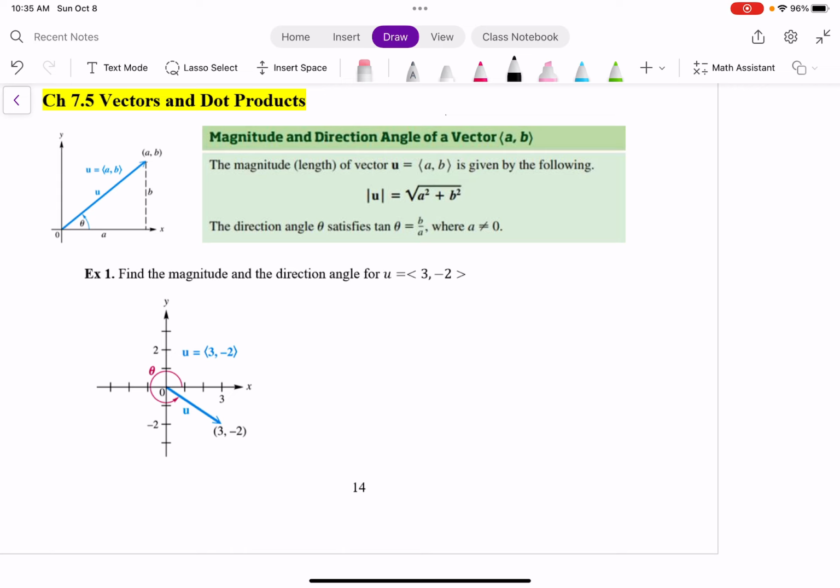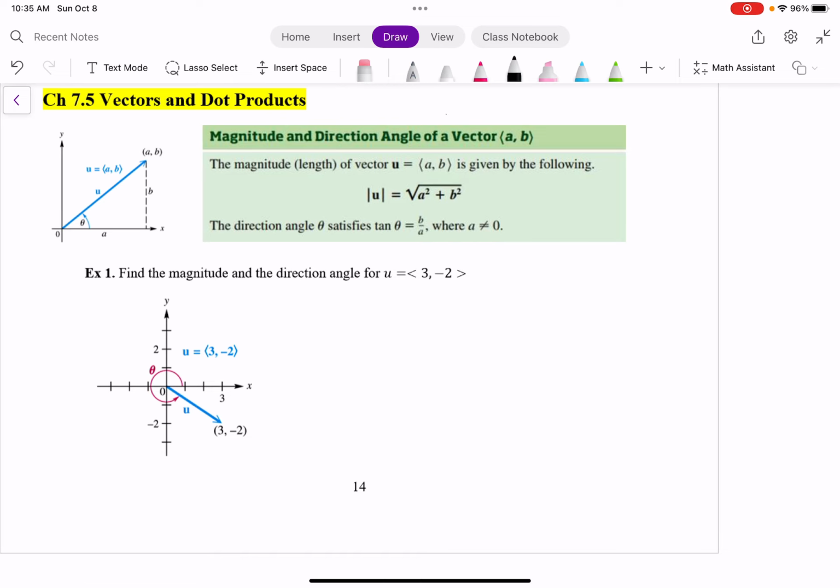I know the y value of the endpoint is b, so the length here is b. And how about the distance from here to here? I know the x component is a, so a is the length of the horizontal component of the vector.